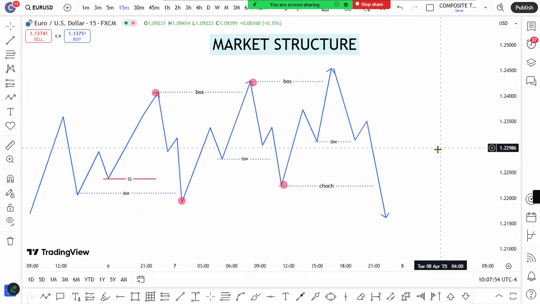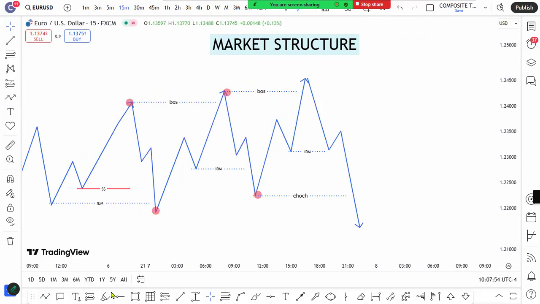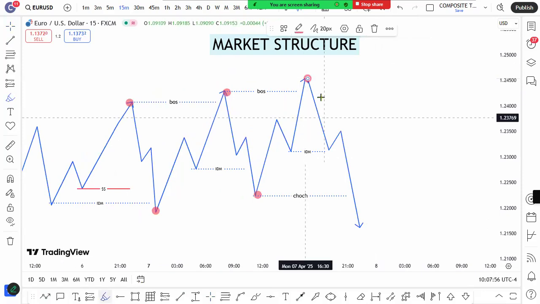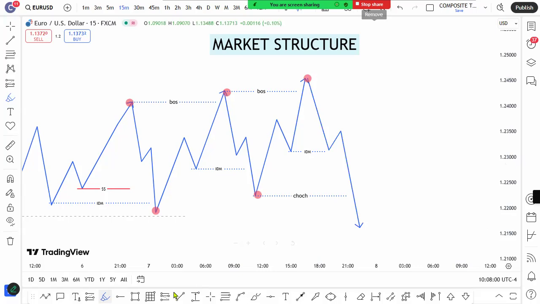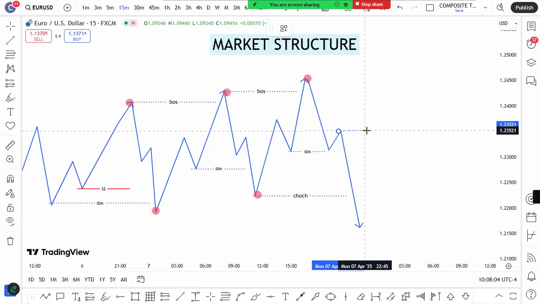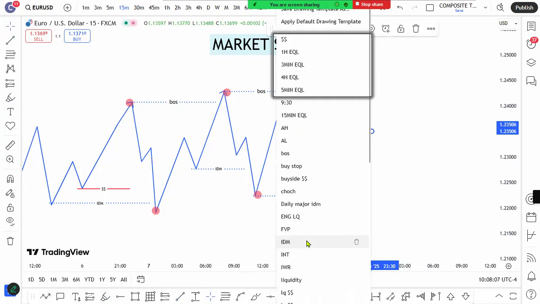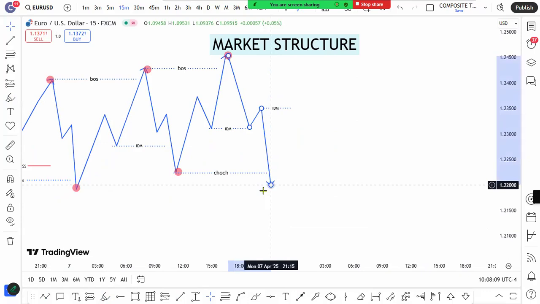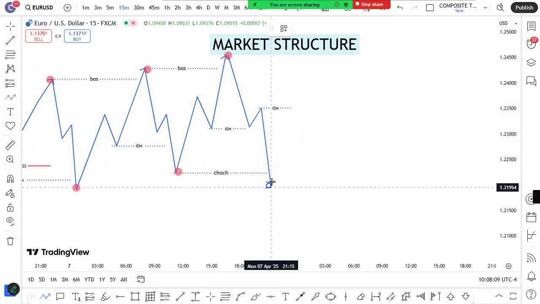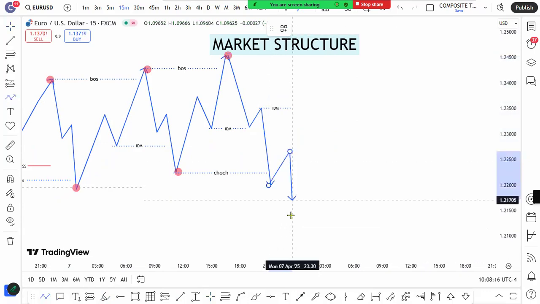And when we have a change of character here, this means that your high is confirmed, but the price is now bearish because the protected low has been taken out, and the only inducement that we have is this one. We cannot look for sales until either the price takes out this inducement or by any chance creates a new inducement, for example, something like this, and goes lower.